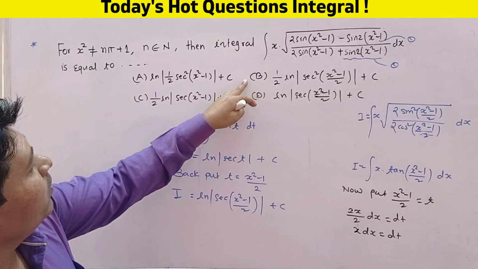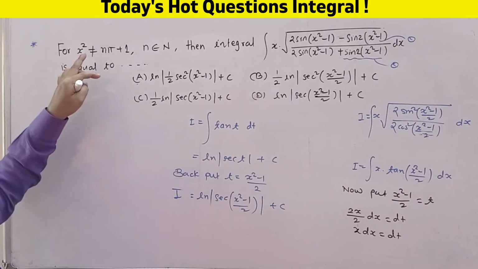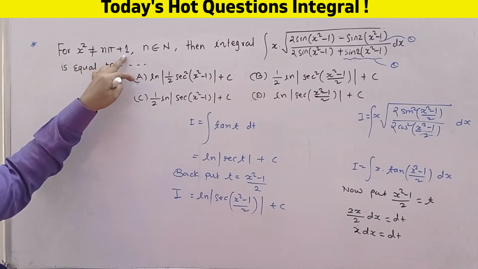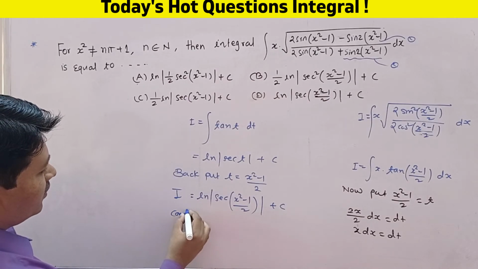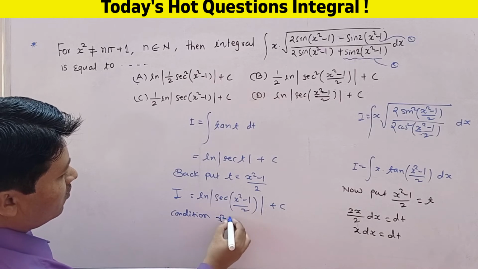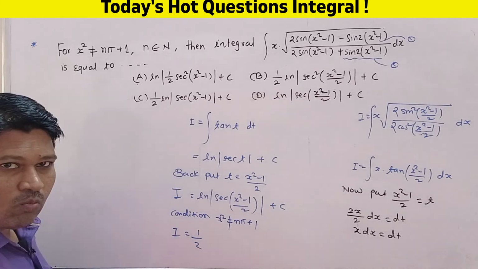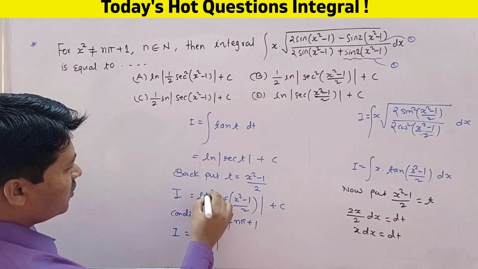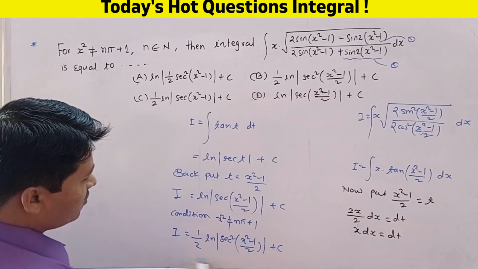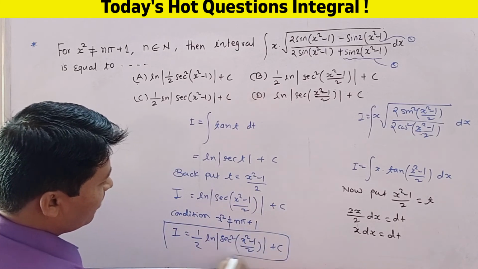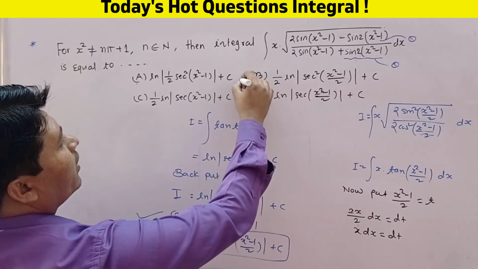Observe option B. We know the condition is x squared is not equal to n pi plus 1, therefore we can adjust it. Because of this condition, we can write the answer as ln of sec squared((x squared minus 1)/2) plus c, where c is the constant of integration, and this is the final solution. Therefore option B is correct.